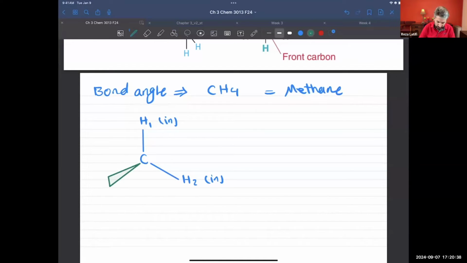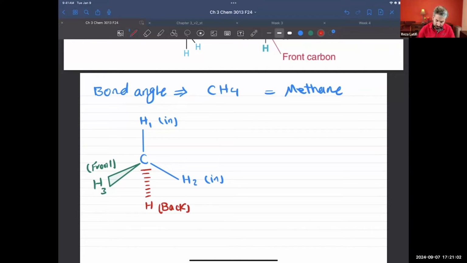I'm going to call this hydrogen number three, and this one is in front, pointing to us. And there is one hydrogen at the back of the molecule, and we show it by a dash. So this one will be back.